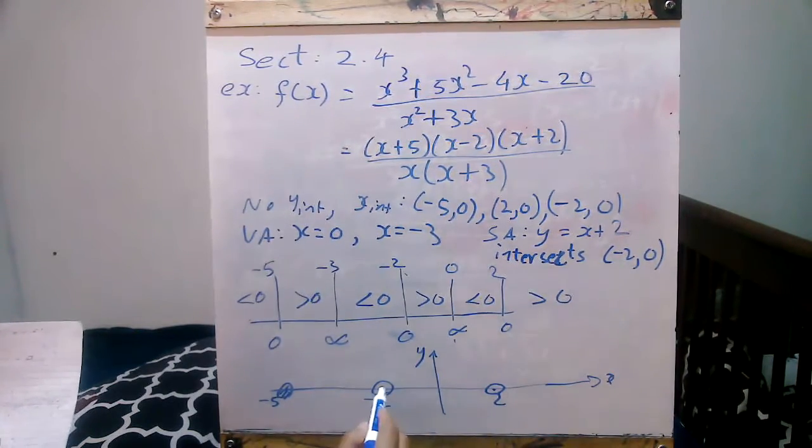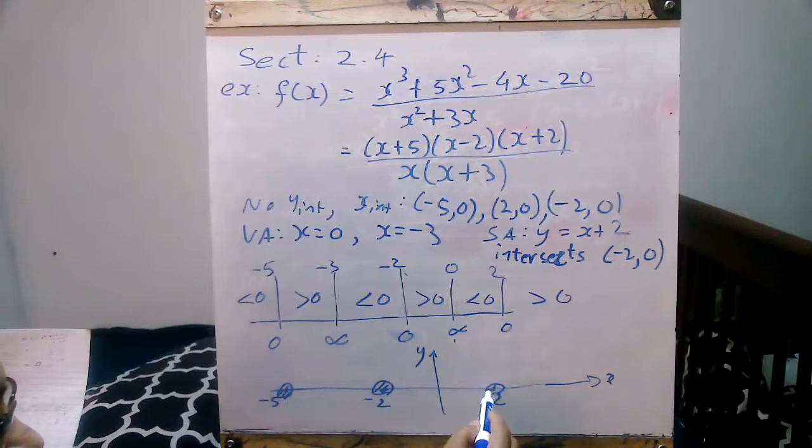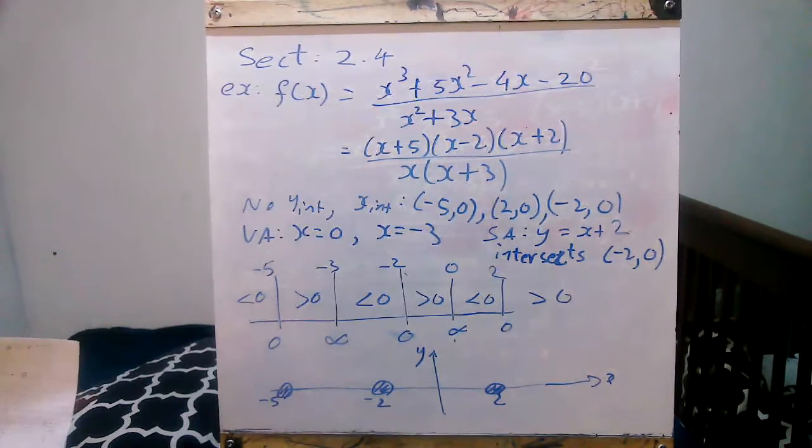These 3 points are x-intercepts. That means the graph definitely goes through these points. There is no y-intercept.